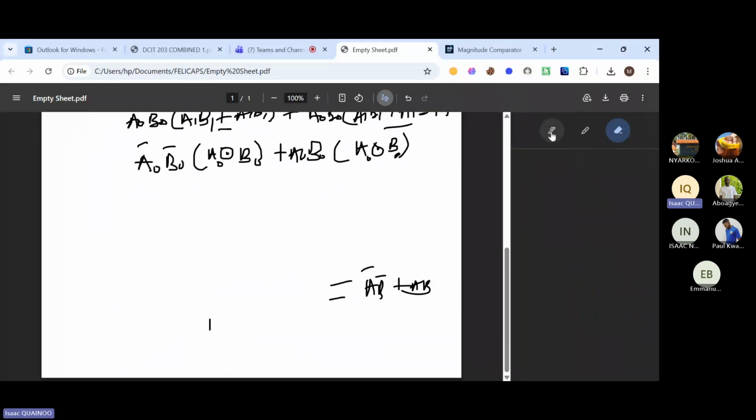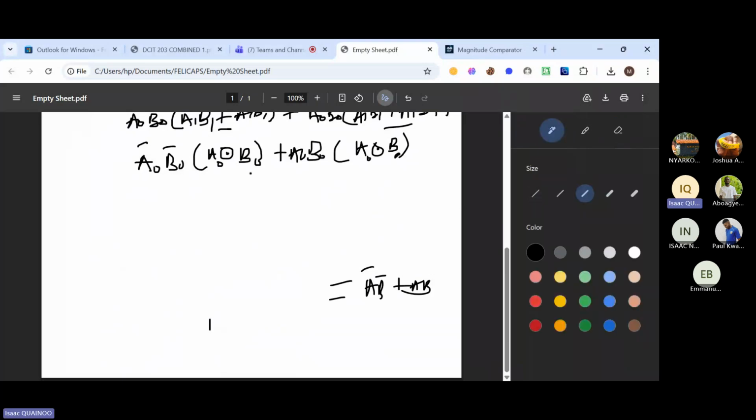So after having this, we know that now we have the value in the brackets being equal. We already know the law. If we have this, we group what is outside. So we have A0 B0 all bar, right? We group what is outside here and what is outside here in one bracket.